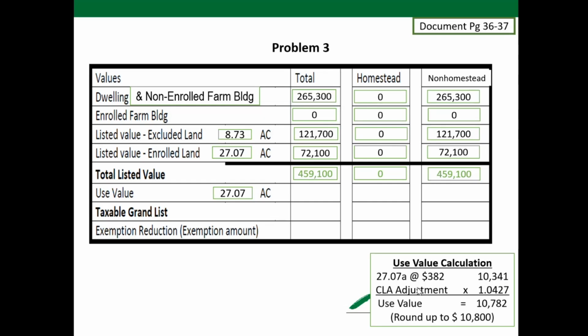We're then going to apply that CLA adjustment. The CLA for this example was 1.0427. The result of that equation is 10,782. And again, we round to the nearest hundred. So the number we're going to place in the grid is going to be 10,800. This use value again is for the land only. So we won't have anything in the homestead, and it will all follow where the land is allocated.